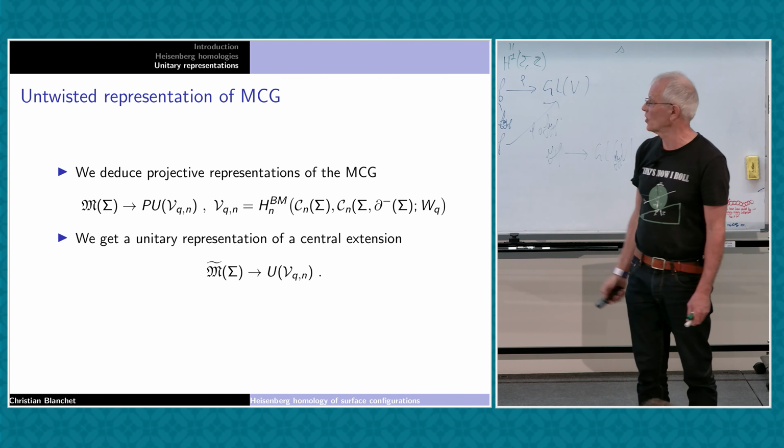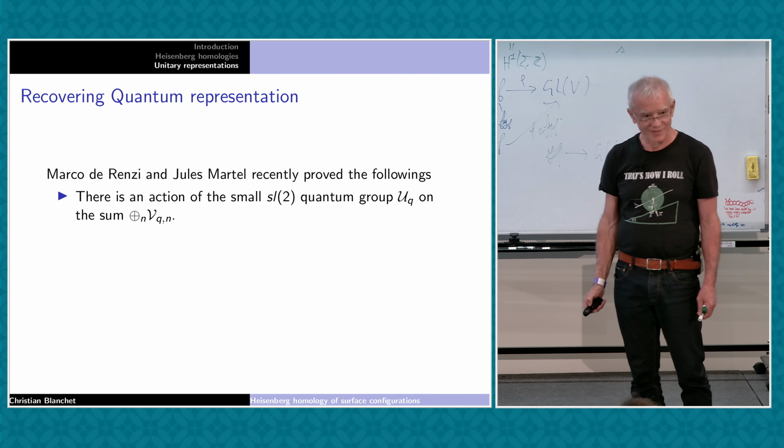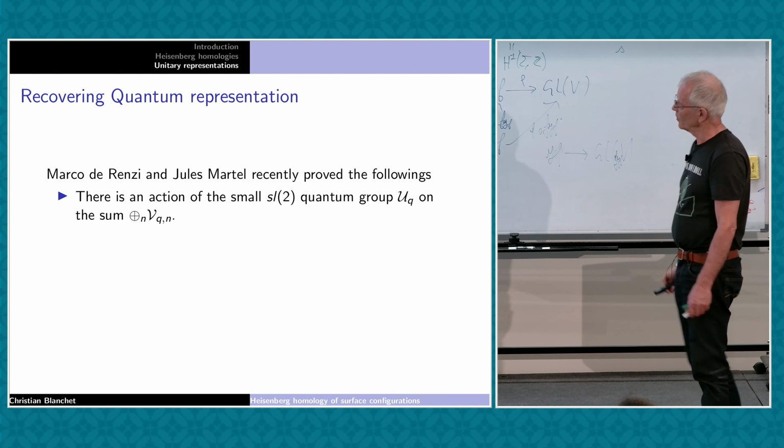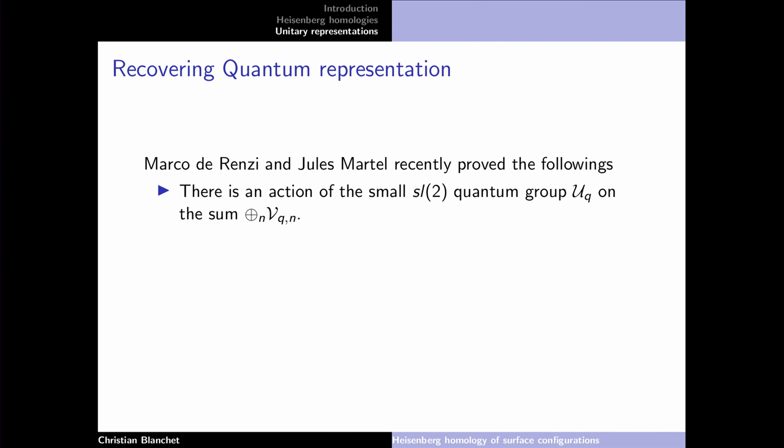So now, about quantum. Our young colleagues Marco De Renzi and Jules Martel recently proved the following. First, there is an action of the small quantum SL2 on the sum of those homologies, which is very interesting.